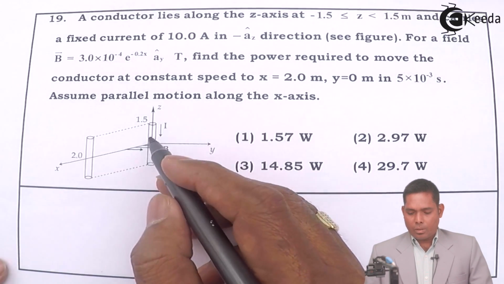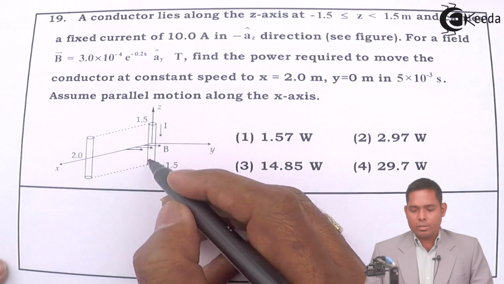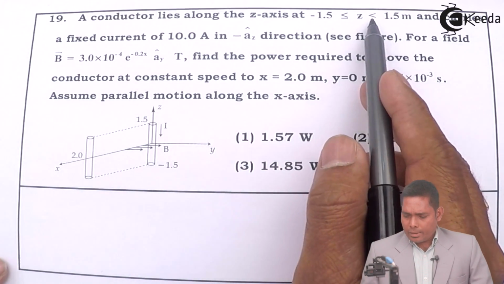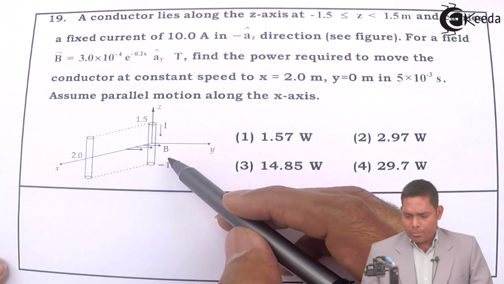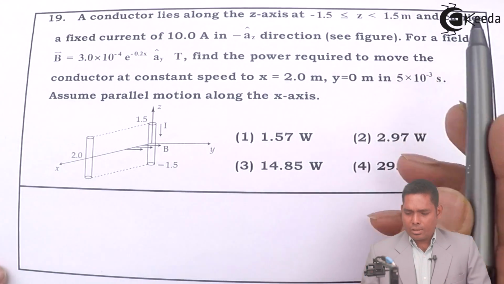Obviously 1.5 lies above the origin and below the origin along the z-axis. The length of the conductor is less than 3, not exactly 3. Anyway.